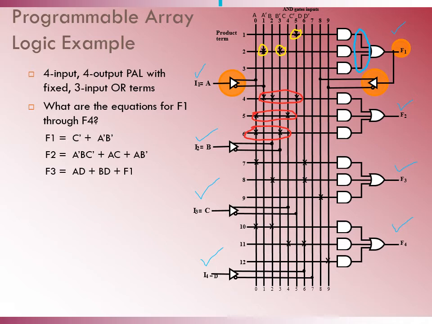Now, F1 is acting as one input to the equation F3, whereas the next equation, that is F4, is having again three product terms, AB plus CD plus F1 bar. So, depending upon how the equations are given, we are generating the programmable AND gates and the fixed OR gates to give us realization of SOP expressions through programmable array logic, that is PAL.